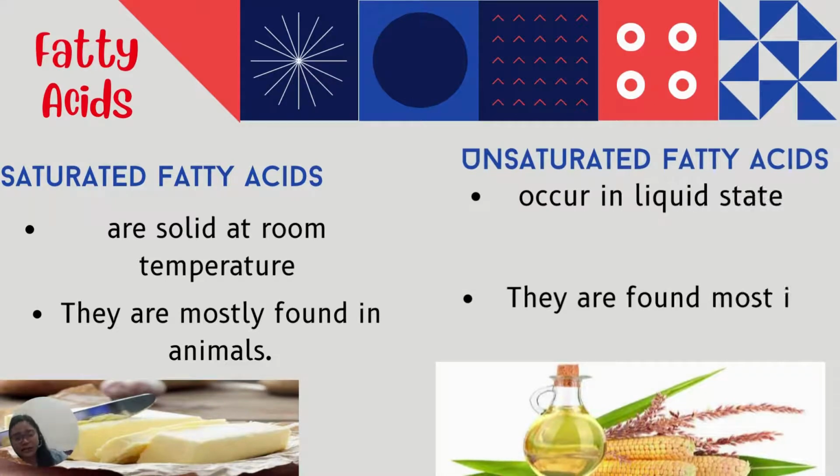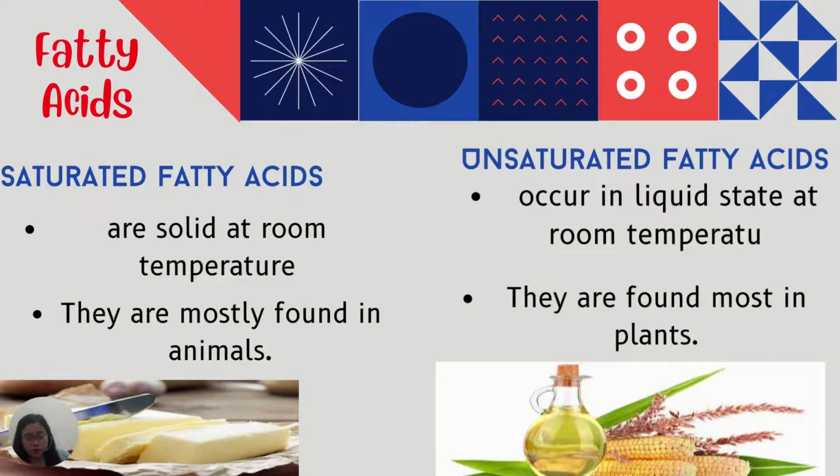Yung unsaturated fatty acids naman occur in liquid. Kanina, yung saturated is solid at room temperature, yung unsaturated naman is liquid at room temperature. So, saturated makikita sa animals, pero yung unsaturated makikita most in plants.